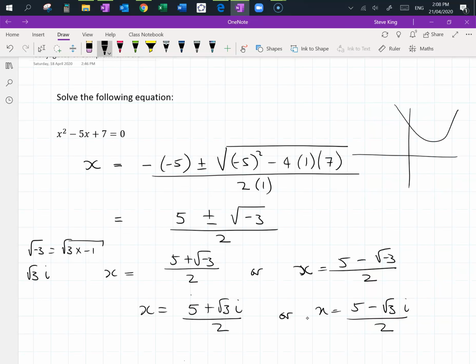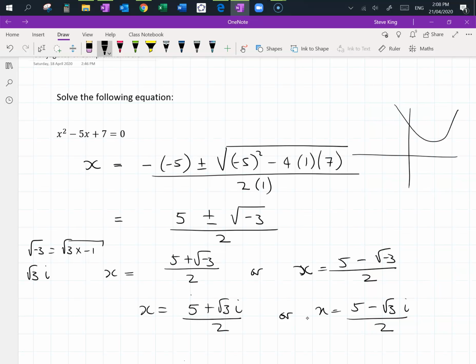And you'll see that we've got two answers. And because of the symmetry that we get within parabolas, you'll see that these two answers look very similar. The only thing that's different is the one has got a plus in it while the other one has got a minus in it.